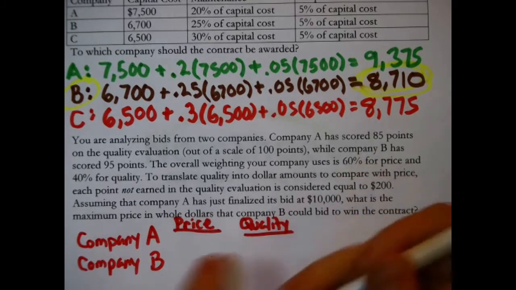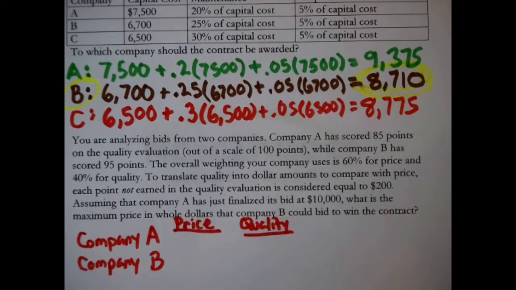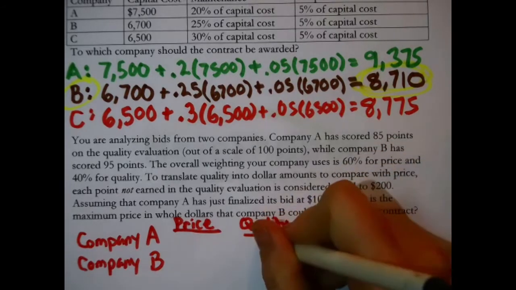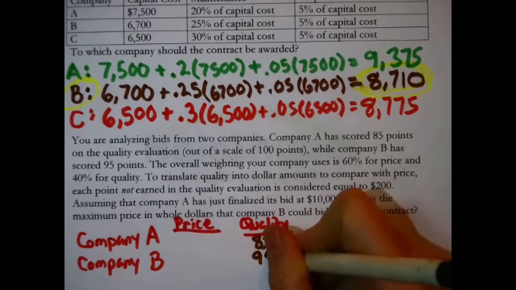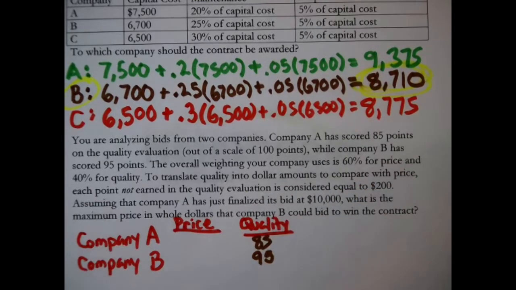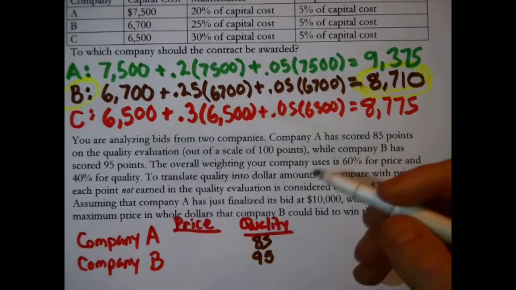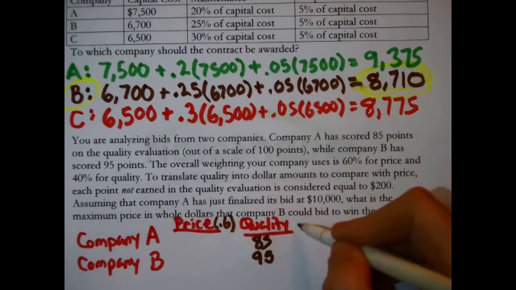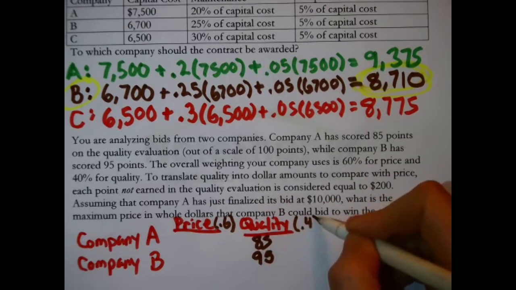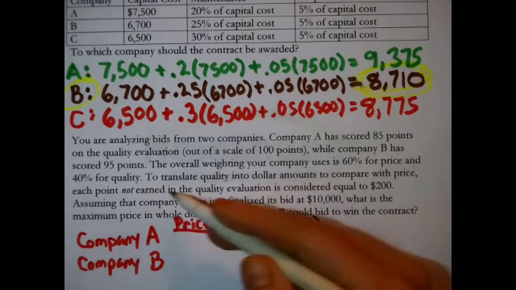The first one's been scored, quality. That was the 85 versus 95, so company B's been scored higher for quality. And I'm told that price actually counts for more. That's going to be 60% versus quality at 40%. I'm just taking notes again.